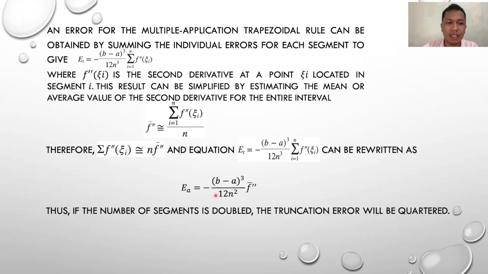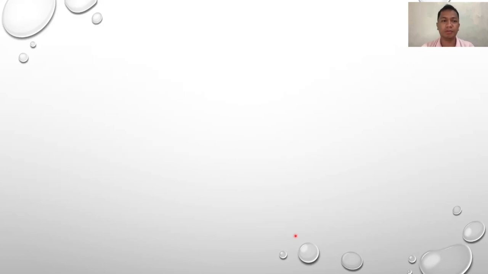So that's EA is equal to negative b minus a cubed over 12n squared times f bar double prime. Thus, if the number of segments is doubled, the truncation error will be quartered.